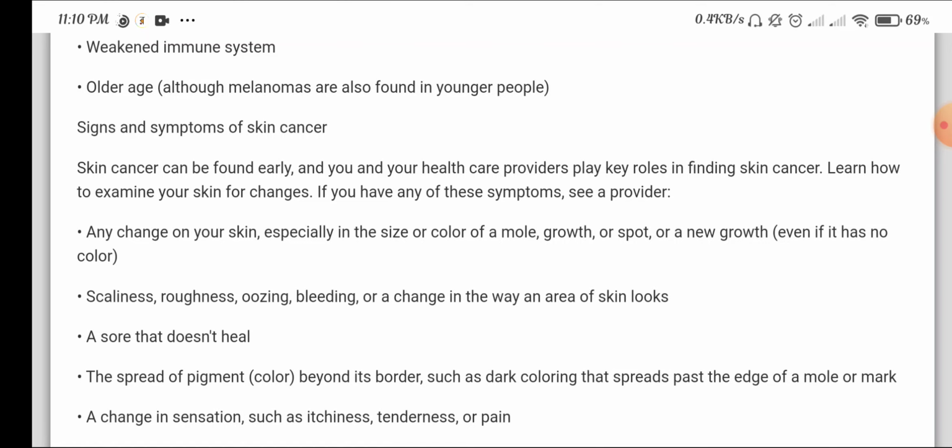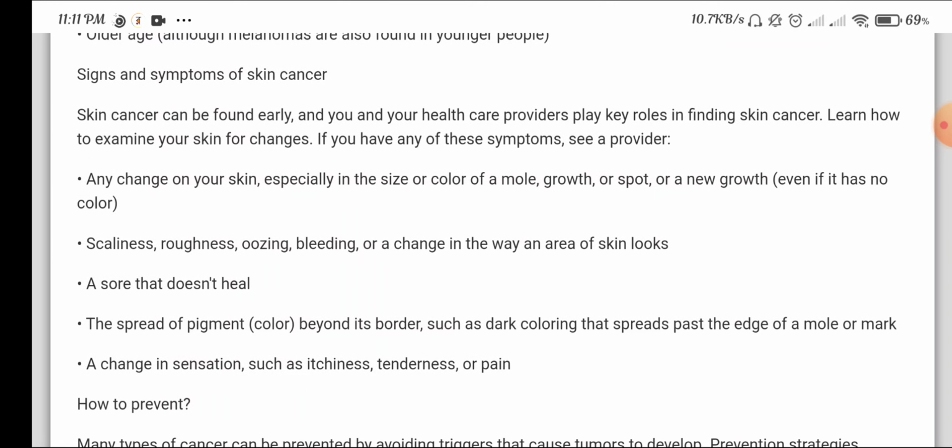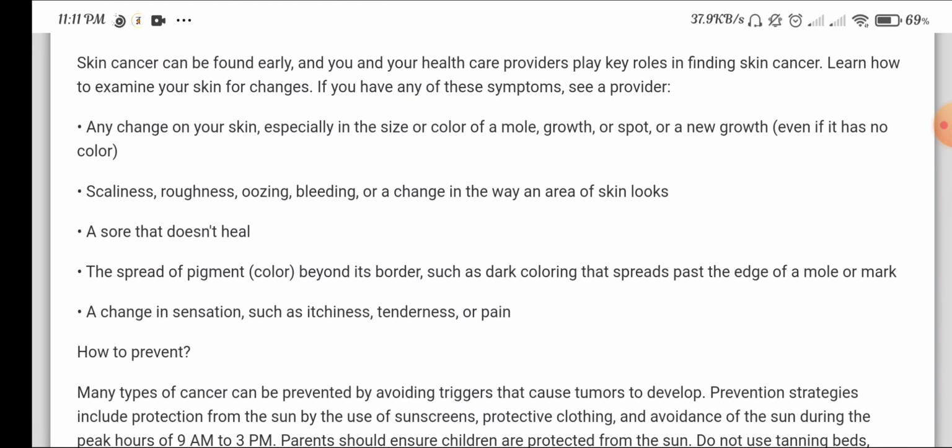Scaliness, roughness, oozing, bleeding, or a change in the way an area of skin looks. A sore that does not heal.